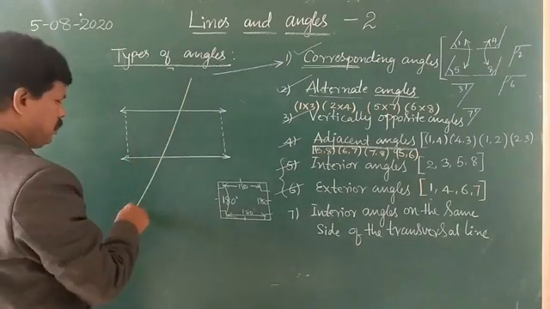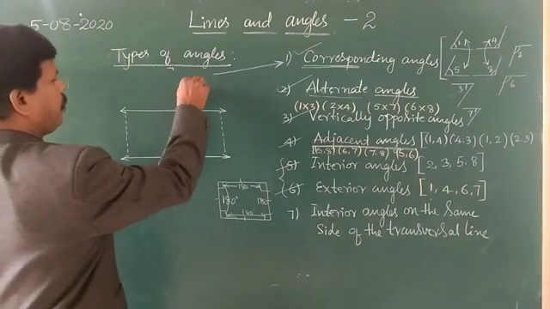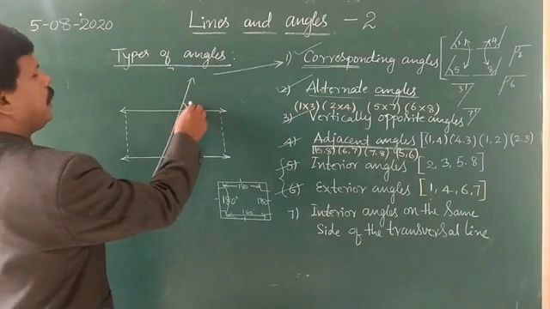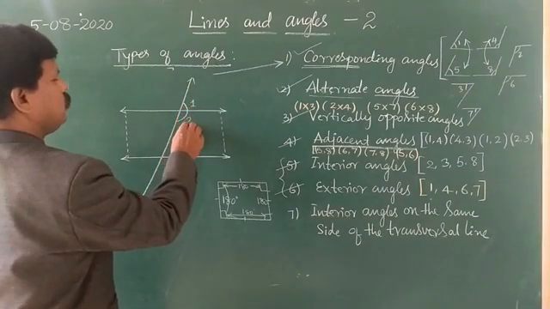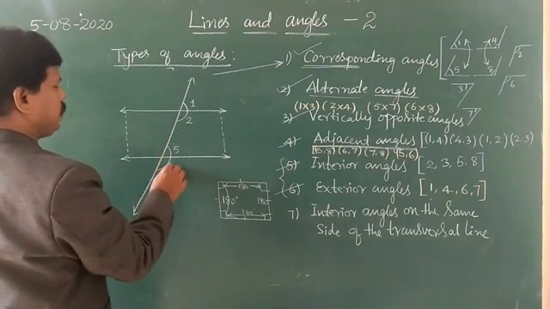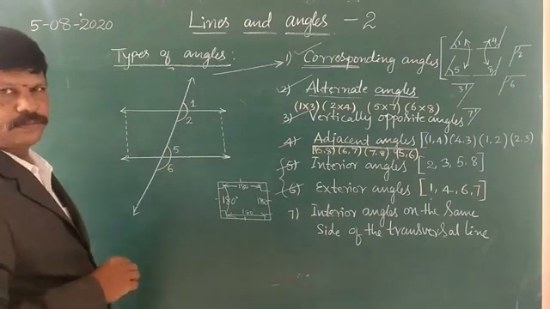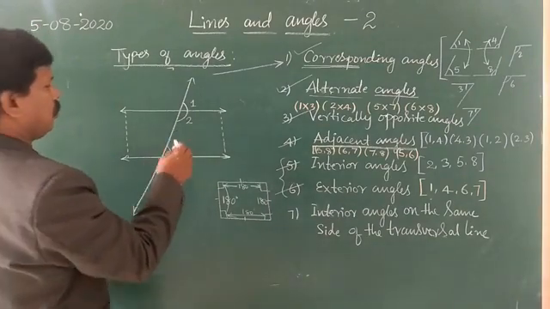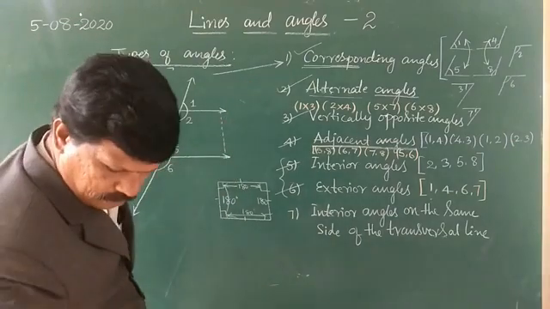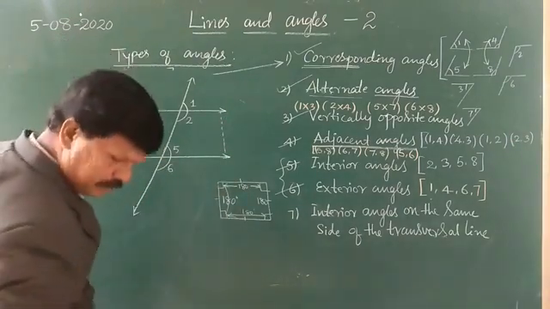Now, look at this. This is the transversal. When you consider this, angle 1, angle 2. When you consider this, angle 5, angle 6. Now, forget this. This is a straight line, a transversal line.